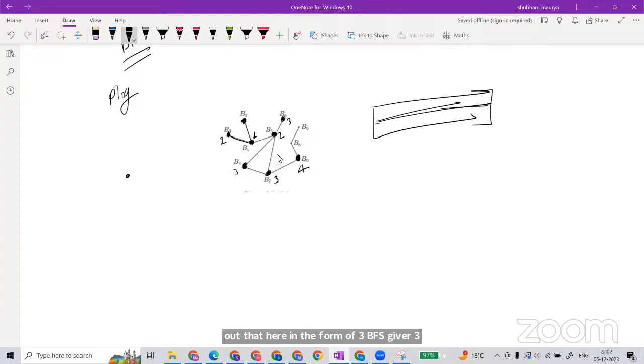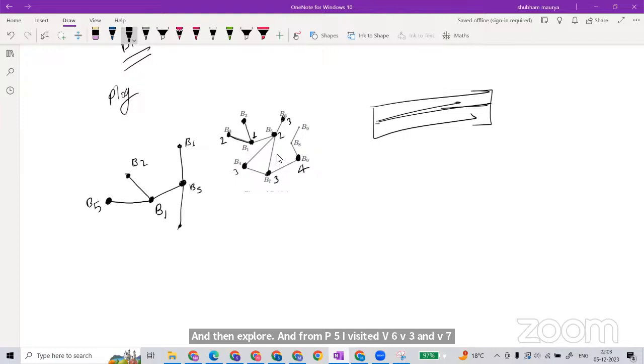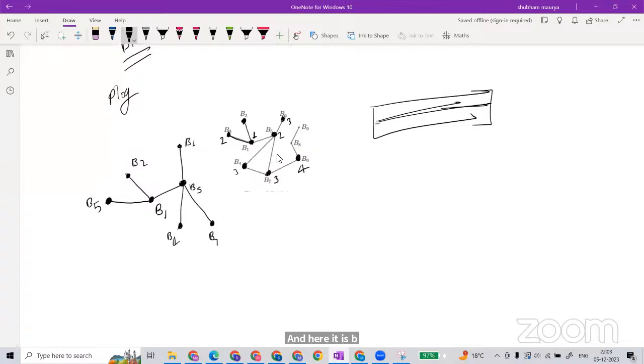I started from V2, so I put V2 here. From V2 I first reached V1, and from V1 I visited V2 and V3. Then I go to V3 and explore, come back here, and then visit V5 and explore. From V5 I visited V6 and explored, visited V4 and explored, and here is V7. These 3 vertices I visited and explored.